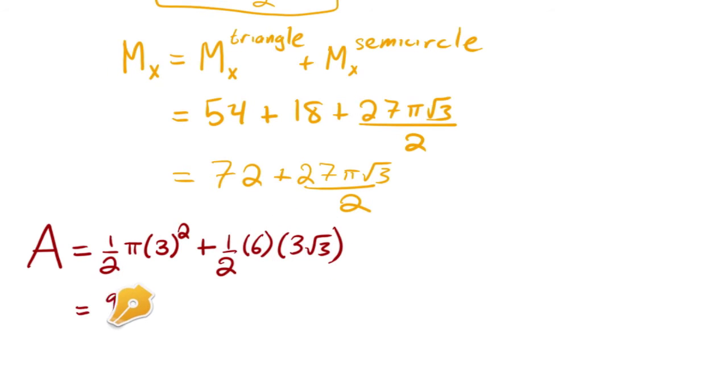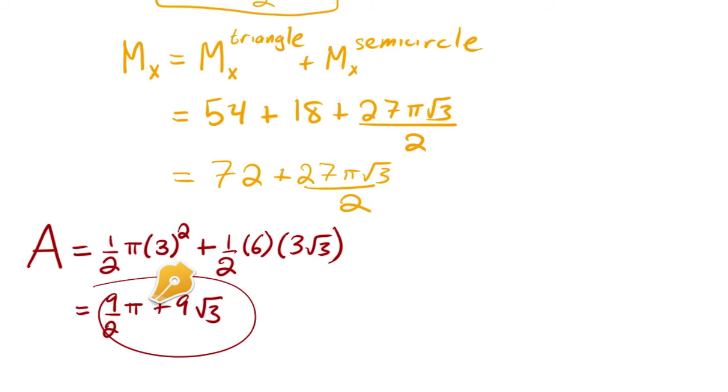So this is 9 halves pi, and then plus 9√3. Okay, so that's the area.